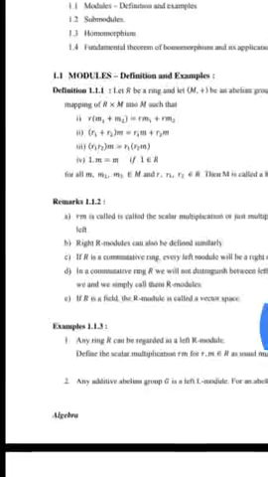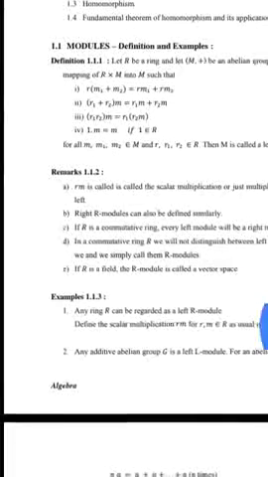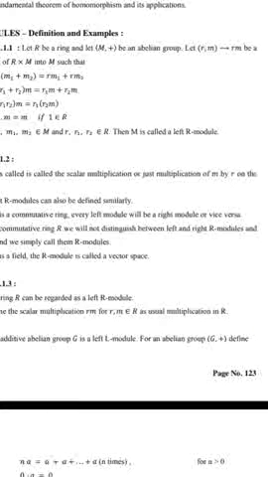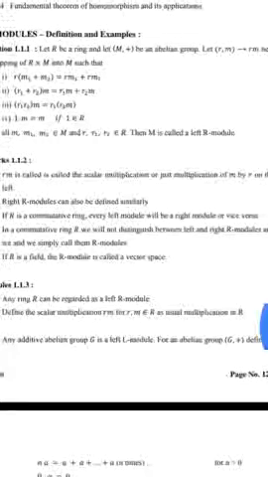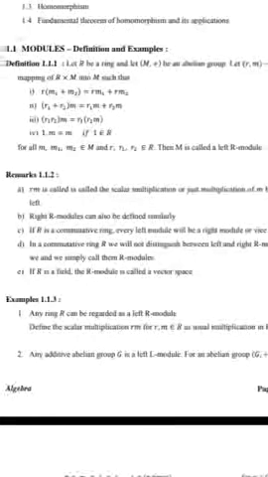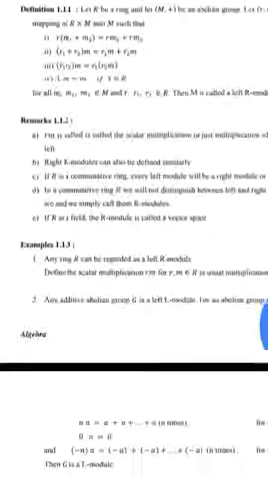for all m, m1, m2 belongs to M and r, r1, r2 belongs to R. Then M is called a left R module, because r(m1 + m2) and so on are defined on the left.